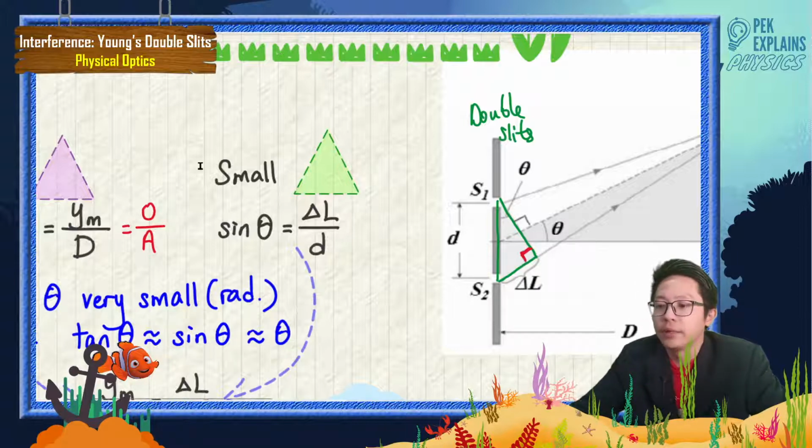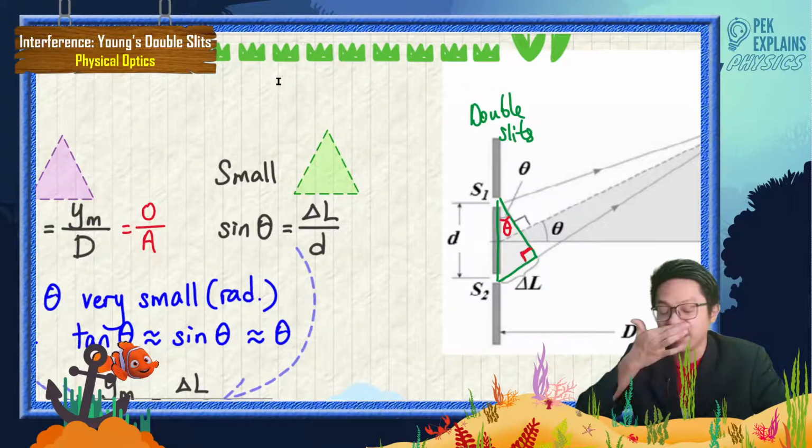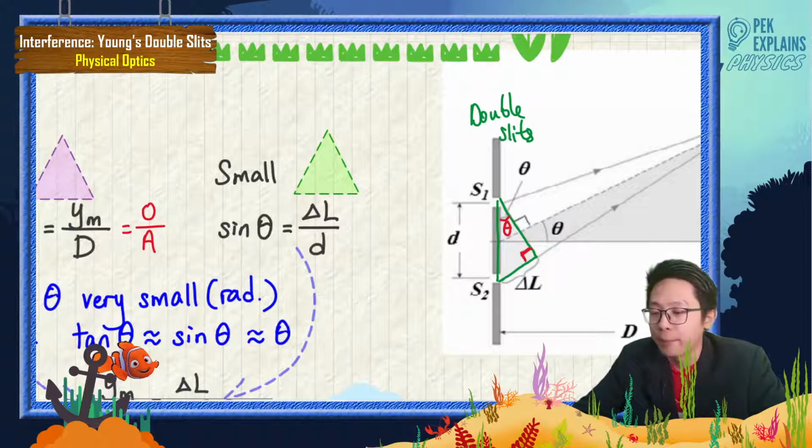Now, for this small triangle, we use sine theta. Which theta do we refer to? This one, this is the theta here. For this right angle triangle, which one is the hypotenuse?